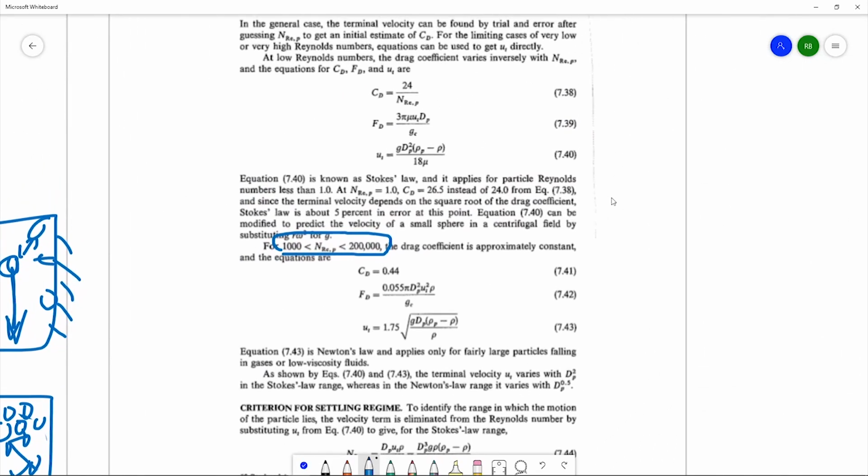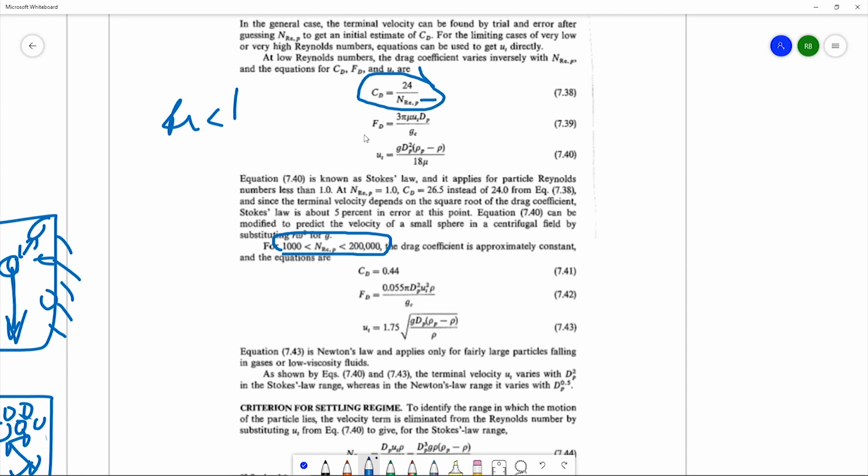So how to calculate? We have two flow regions, right? If the Reynolds number is less than 1, then it is the Stokes region, so we already discussed, the drag coefficient is given by this. We already derived it in the previous lectures. So this is how it is given. So calculate the Reynolds number, then you can calculate the drag coefficient, right?